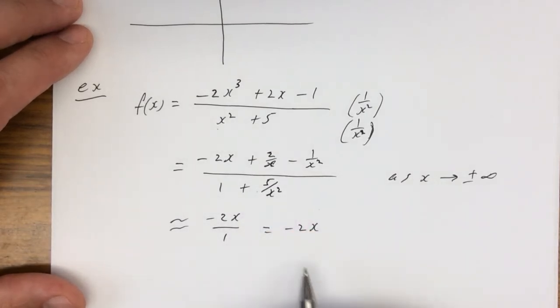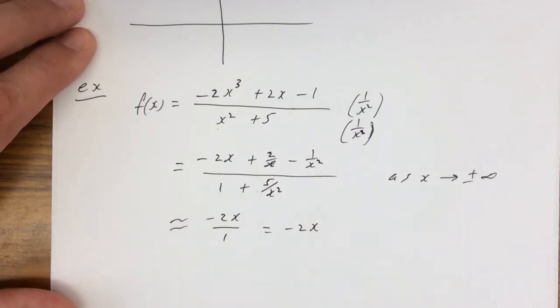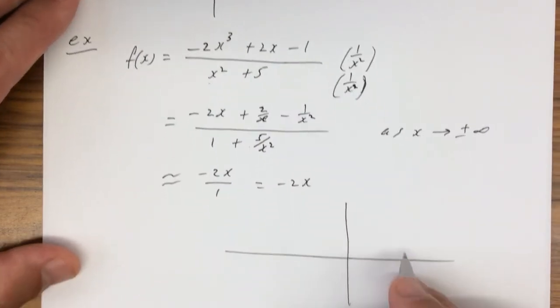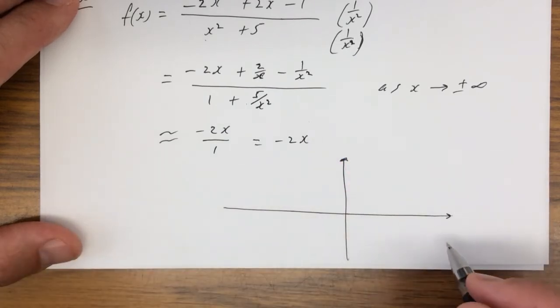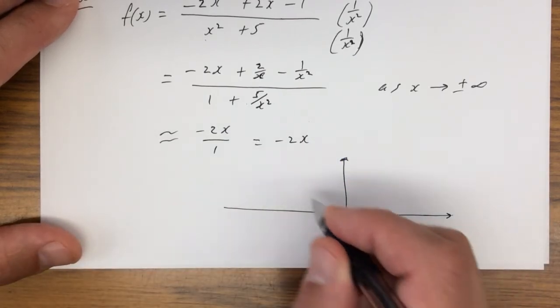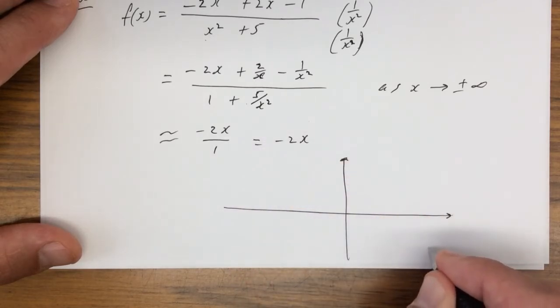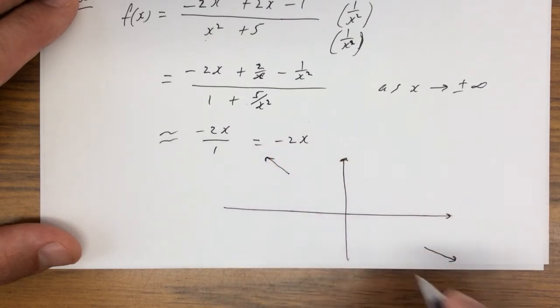We know what the end behavior of this looks like. It's just a line. So y equals negative 2x has a slope of negative 2. And so in the middle we don't know what's going on, but on the way out at negative infinity and infinity, you're basically going to have it going down, because negative 2x goes down like this. So it's going to go like this and like this.